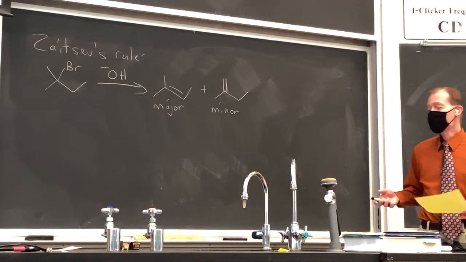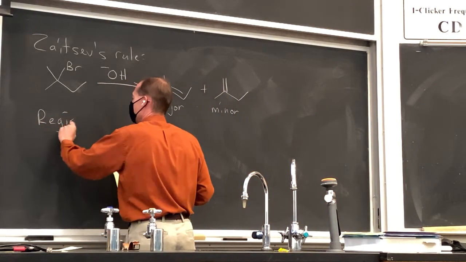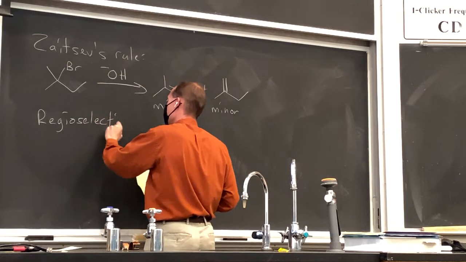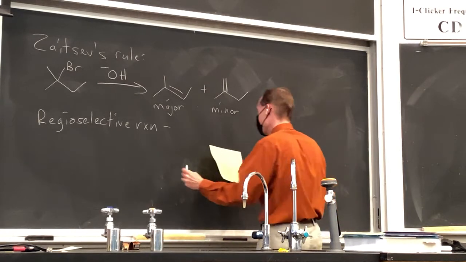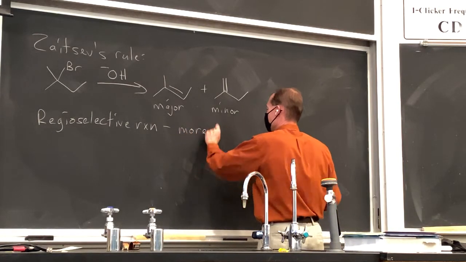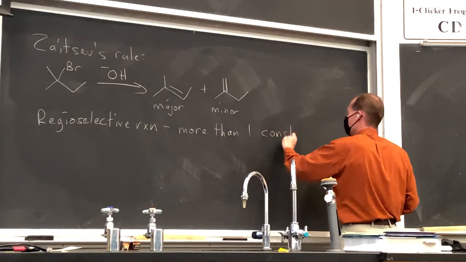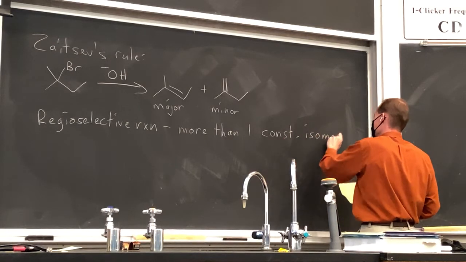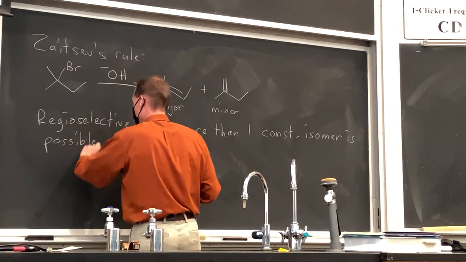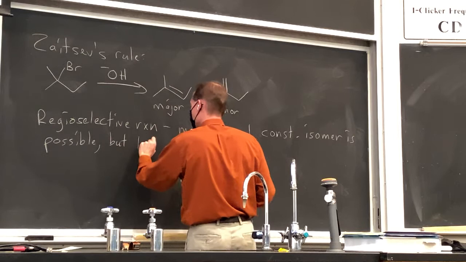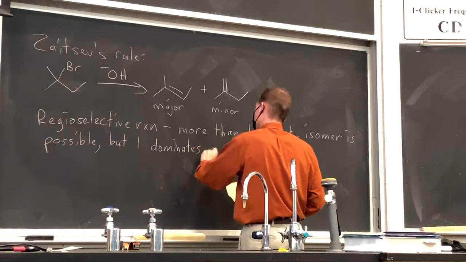So this particular reaction I've drawn for you is an example of what we call a regioselective reaction. A regioselective reaction is a reaction in which more than one constitutional isomer is possible, but one of those constitutional isomers dominates or is formed exclusively.